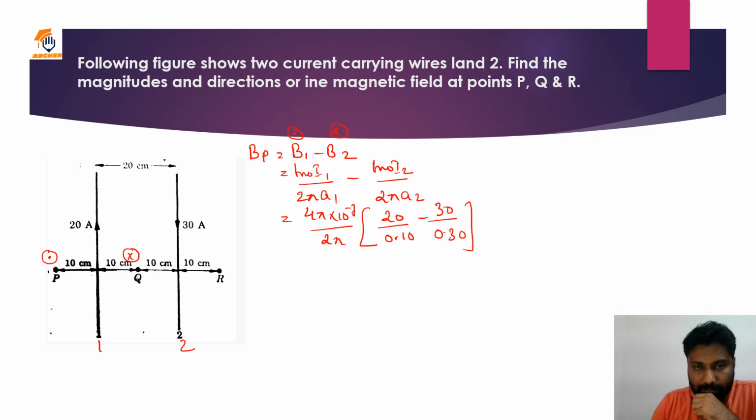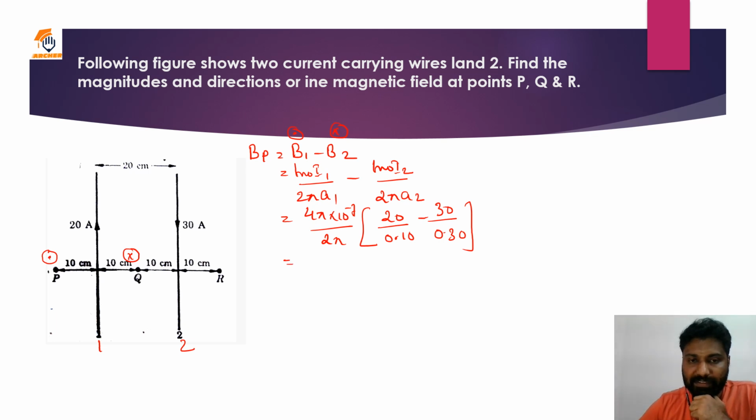For B1, taking from the middle point, from here to here, this is 10 centimeter. So A1 is 10 centimeter. From here to Q it is 10, Q to this conductor 10, this is 10. So total 30 will come. So we got 0.30, right?